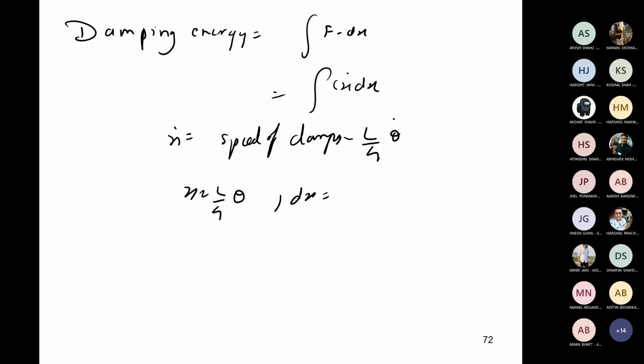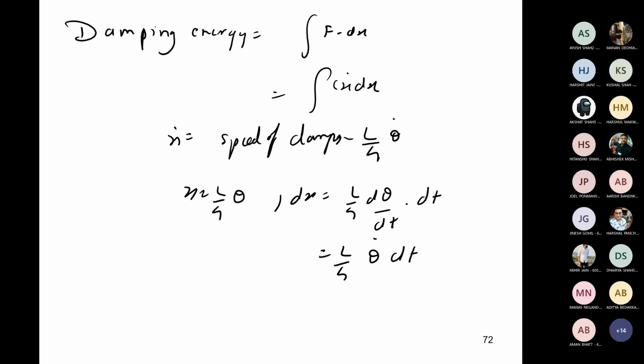Tx will be L by 4 d theta, or I can write it as d theta by dt into dt, or that is equal to L by 4 into theta dot dt. Okay.